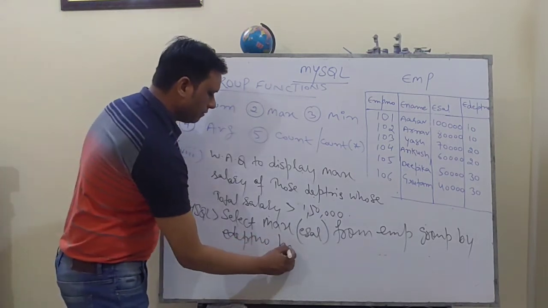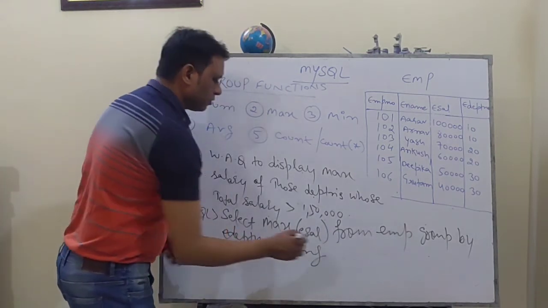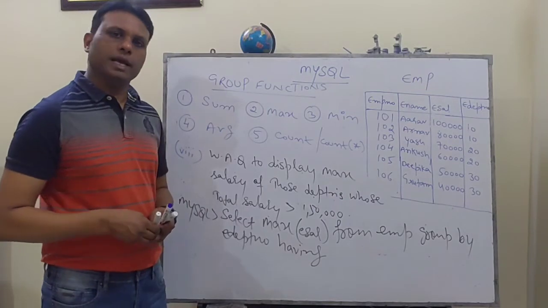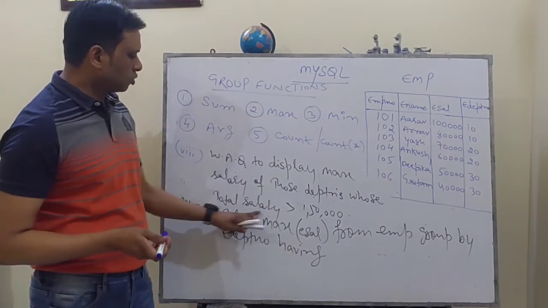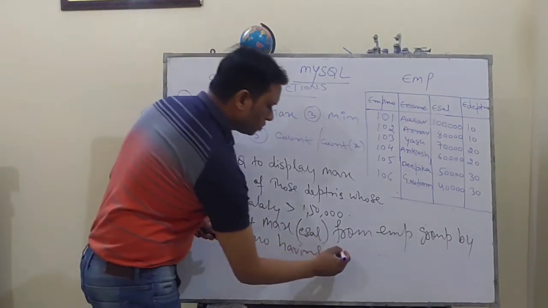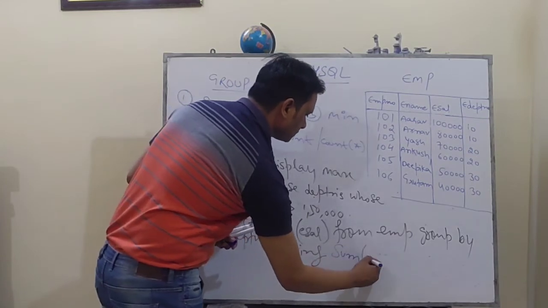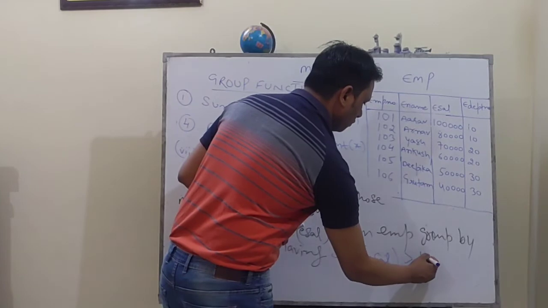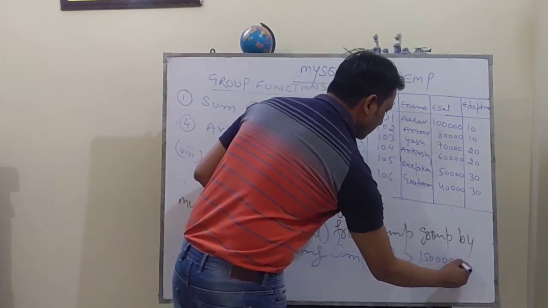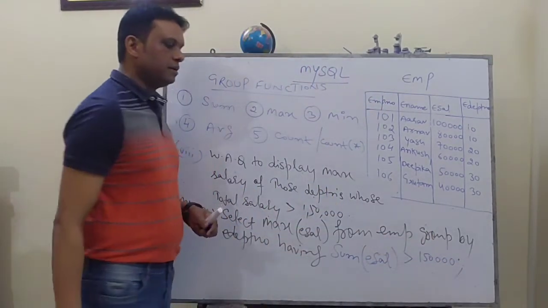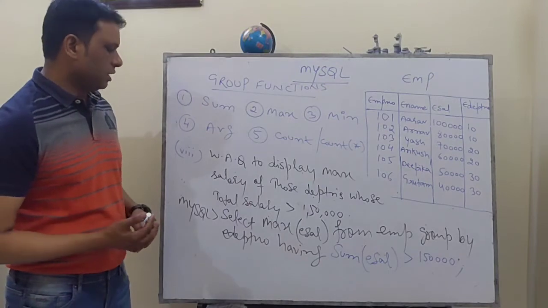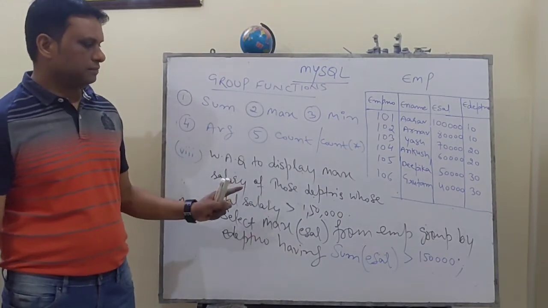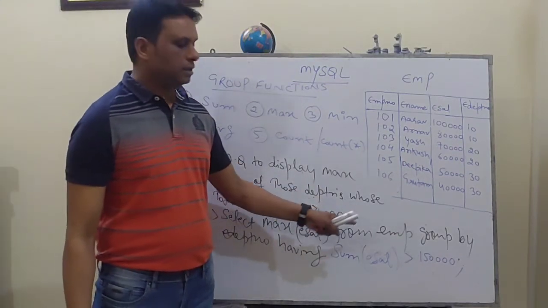Then having. For conditions, what do we have to use? Having. In this condition, total salary is mentioned. So use sum E salary greater than 1,50,000. In this way.